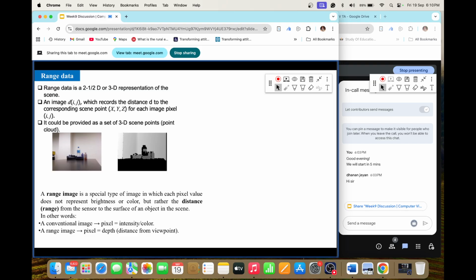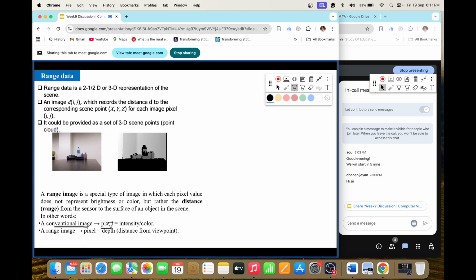So what is this range data or range image? A range image is a spatial type of image in which each pixel value does not represent brightness or color, but rather the distance from the sensor to the surface of an object in the scene. Earlier, in a conventional image, the pixel value at x, y gave the intensity or the color values.